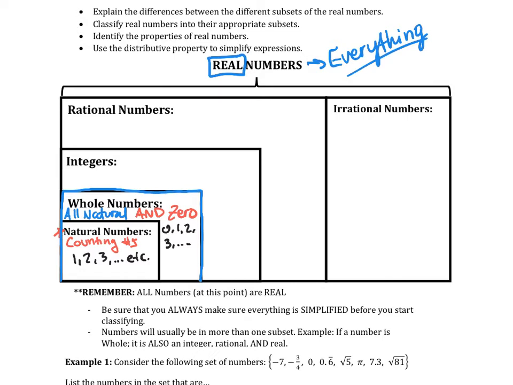Okay, and then moving out is our integers. So integers include all the natural numbers and all the whole numbers, because those two boxes are still in the integer box. And then we include the negative whole numbers.